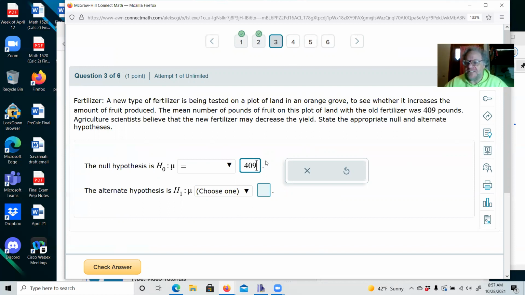Your null hypothesis, it doesn't do a thing. What you're trying to show is your alternative hypothesis. So they say it might decrease the yield. We're going to say it's either 409, but this one says it might lower it, so we have to test whether or not it does that.